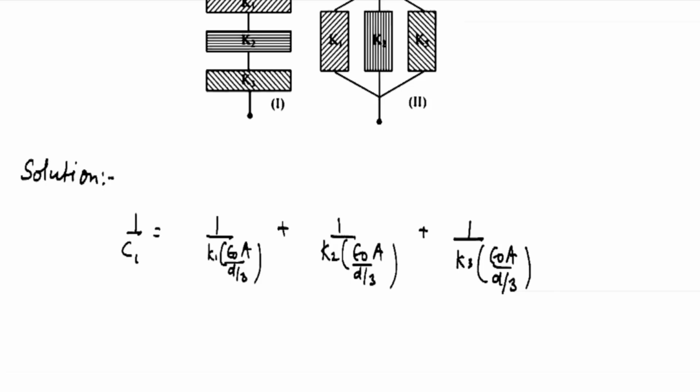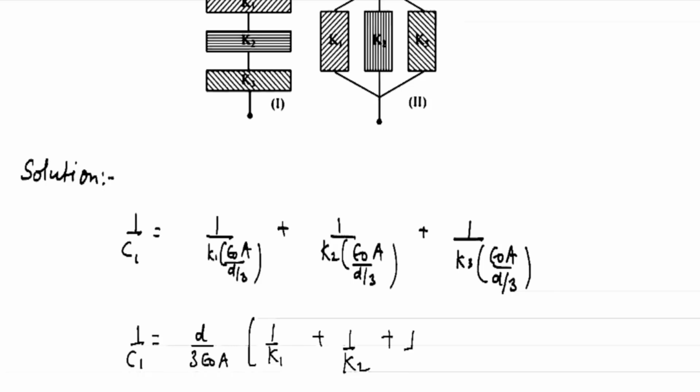If we take d by 3 epsilon naught A common, 1 upon C1 will be equal to d by 3 epsilon naught A times (1 by K1 plus 1 by K2 plus 1 by K3).